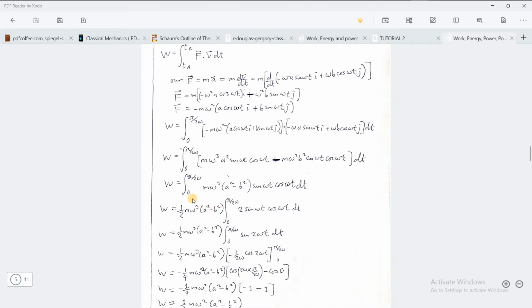Now let me explain what has happened here. I know some of you would be confused. We saw that sin omega t cos omega t has the potential to become an identity. It can be used as an identity if it had a 2 in front of it.